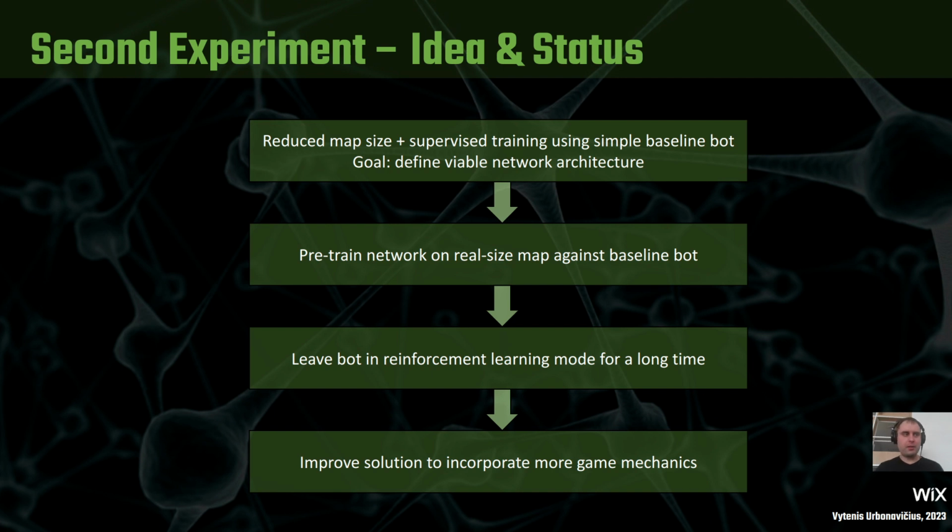But I didn't want to spend too much time on optimizing map generation and other aspects of the algorithm. I wanted to concentrate on neural networks. So I shrank the idea even further. What I did then is I reduced the map size drastically to make the map generation very fast.